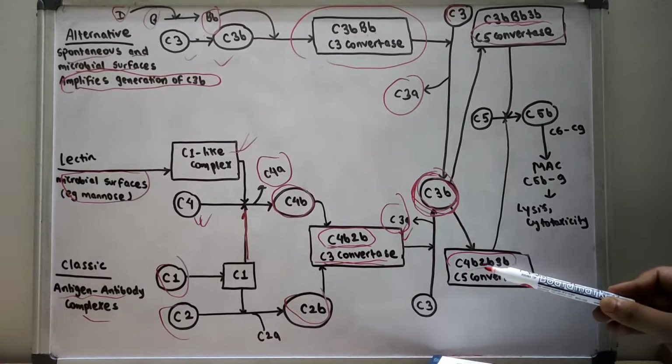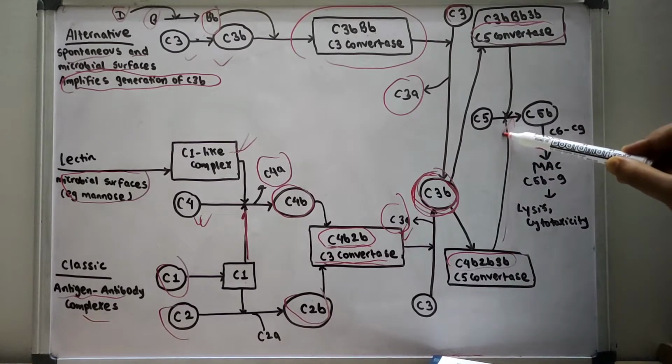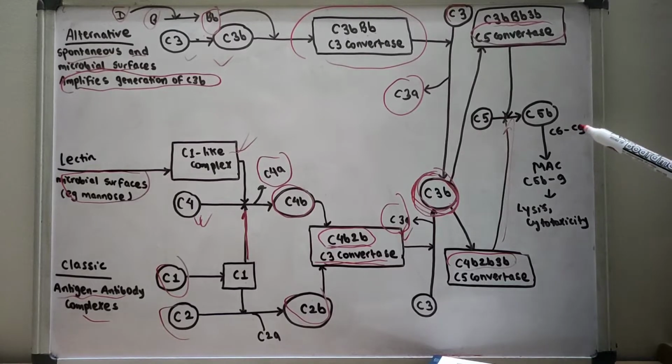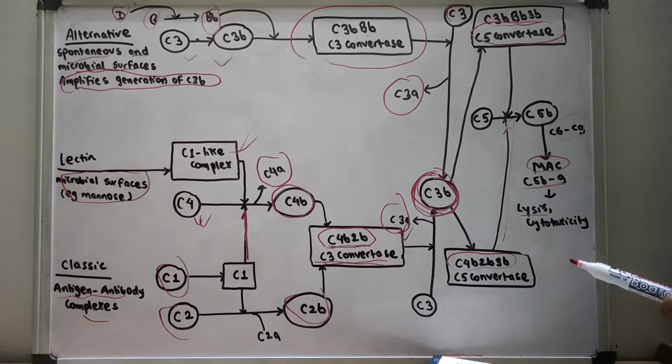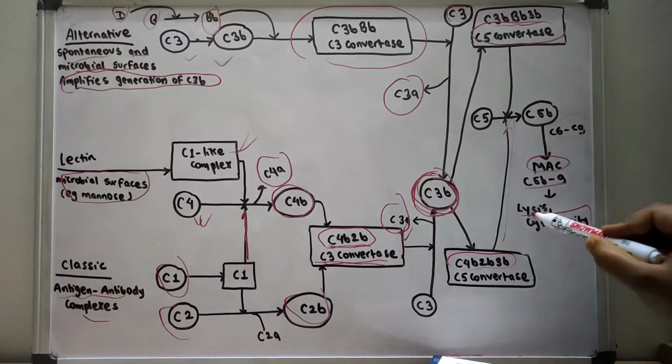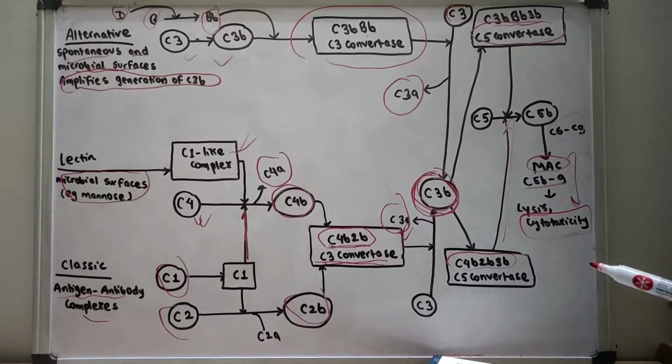This C4b2b3b, the C5 convertase, helps to convert C5 to C5b, and again with the incorporation of C6, C7, C8 and C9, there is formation of the membrane attack complex, that is C5b to C9, and it helps the lysis of the various cells that are infected with bacteria, and it increases the cytotoxicity. The membrane attack complex increases the lysis of the cell, and it also increases the cytotoxicity.